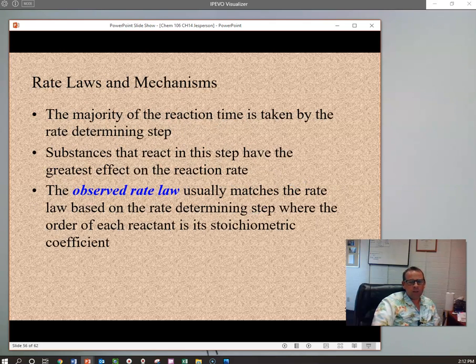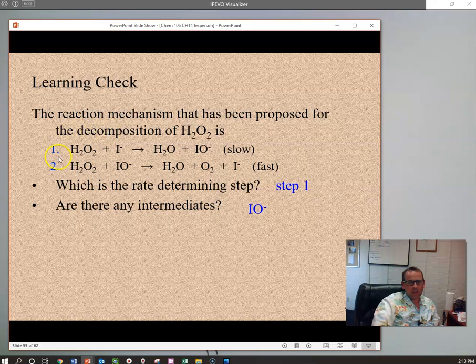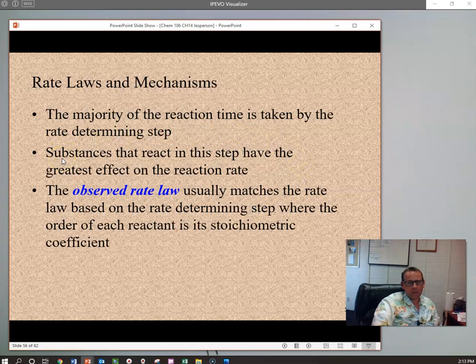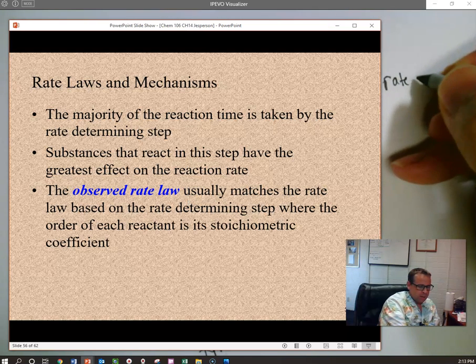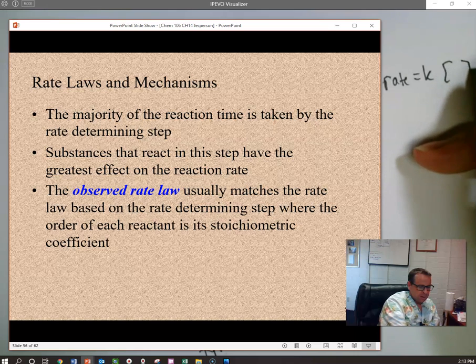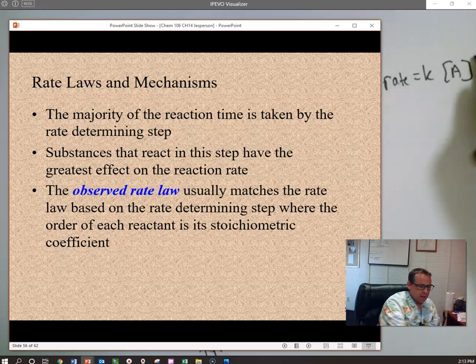Now we want to talk a little bit more about what we can glean from this stepwise information, or this mechanistic information about the mechanism. All right? The observed rate law, now hopefully you guys remember what rate law means. Rate law is that thing where we write the word rate, it has K, and then it's dependent on the concentration of some reactants raised to an exponent, right?